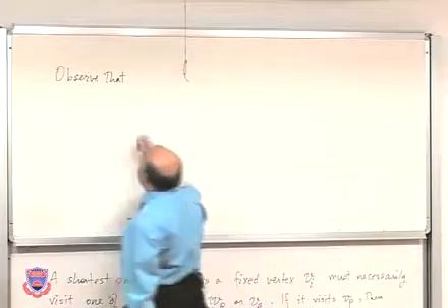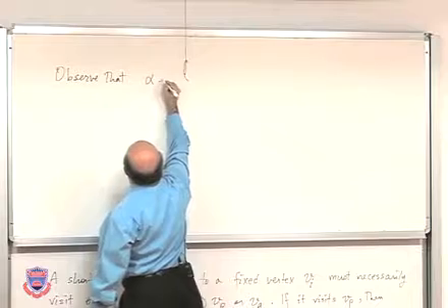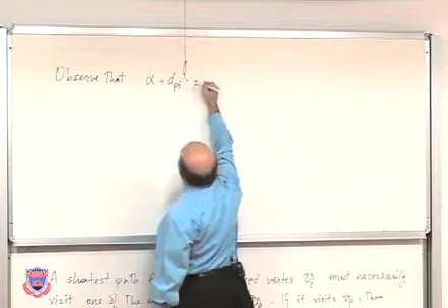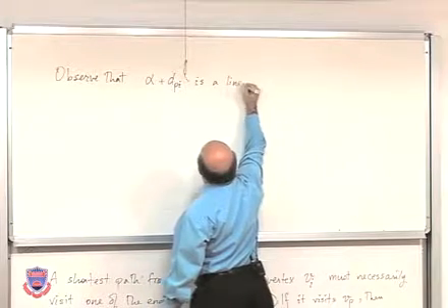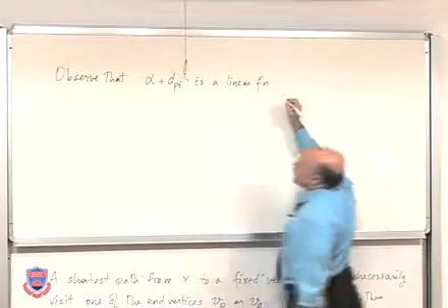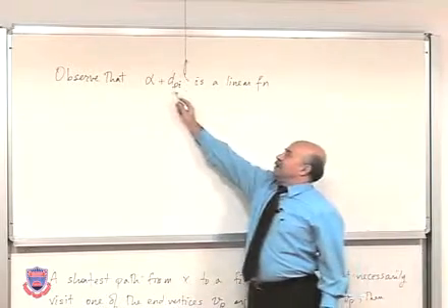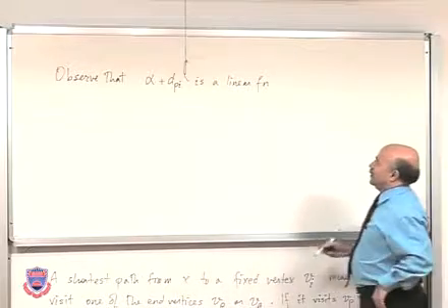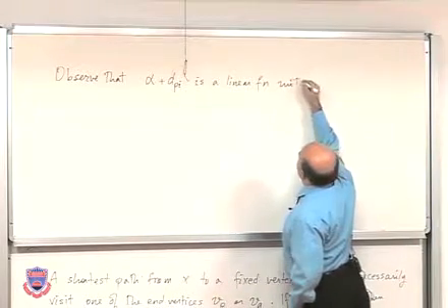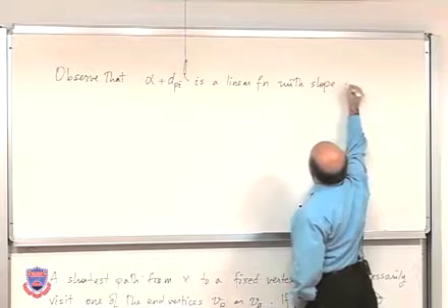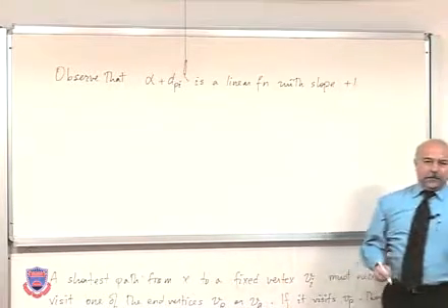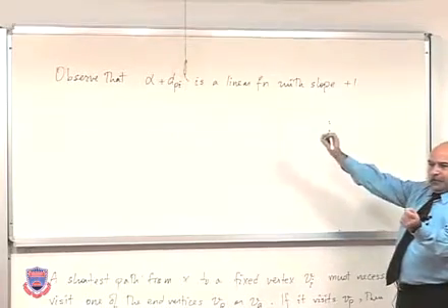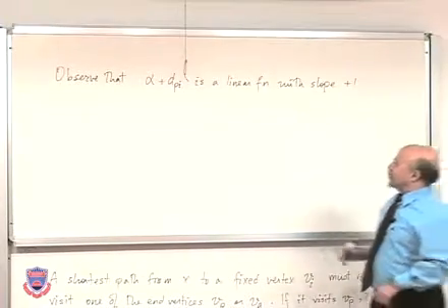So observe that alpha plus dpi is a linear function, because dpi is just a constant. Alpha is a linear function with what slope? With slope plus 1. Because we take as reference the starting point, vp. As you move to the right, the slope is plus 1.